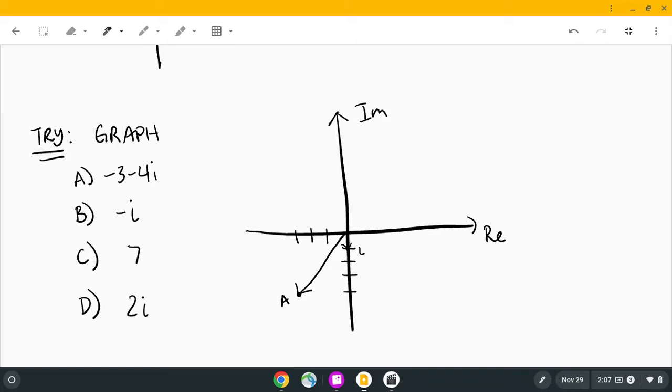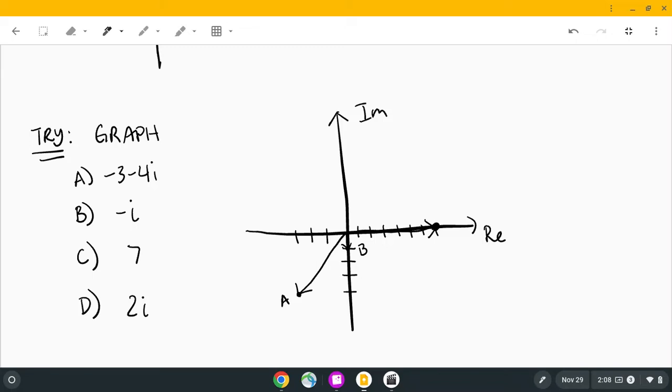So i is right over here. This is complex number B. C, so 7 on the real. That's 1, 2, 3, 4, 5, 6, 7. So that's right there.